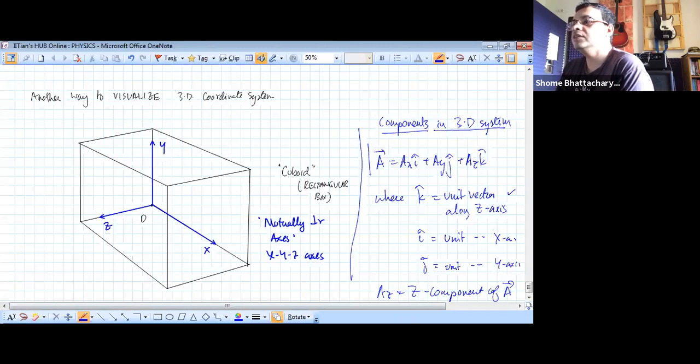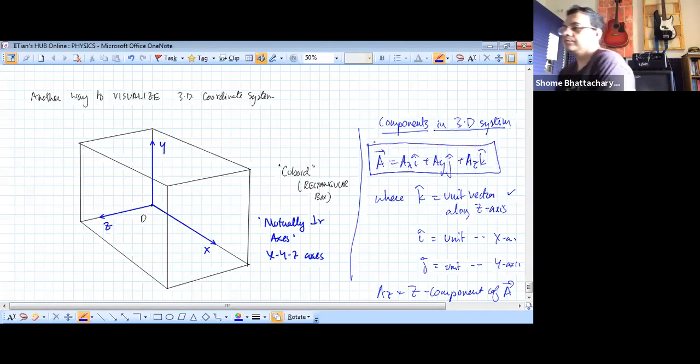This is how we write a vector in component form when it is expressed in three-dimensional system instead of two-dimensional system. Okay, people, hope this is clear.